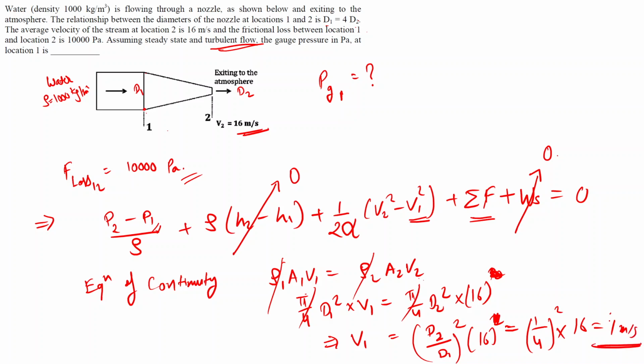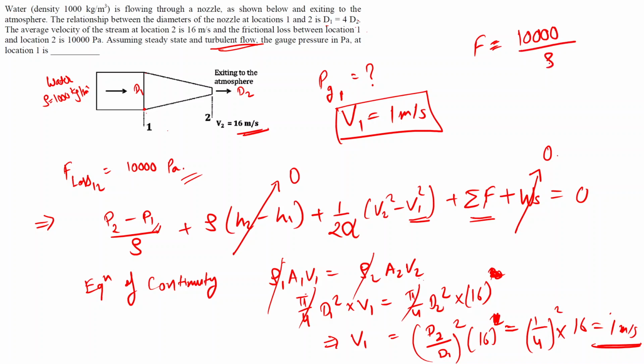So V1 we obtained as 1 meter per second. Now the other thing that we have to find is friction losses. We have been given that the friction loss between location 1 and location 2 is 1000 Pascal. So we can write the friction loss in terms of P by rho as 1000 upon rho.